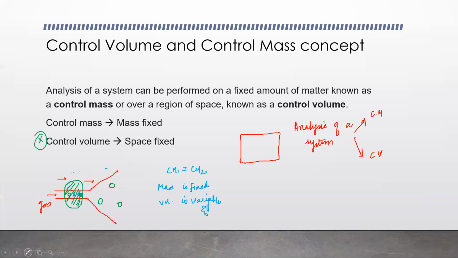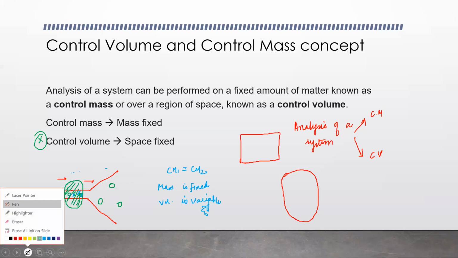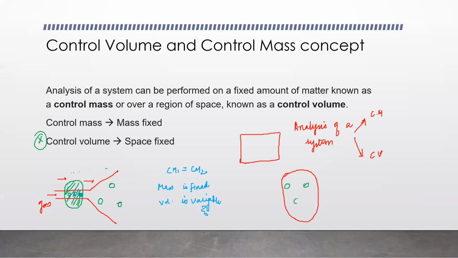So in a control volume approach, we take a particular space in the universe, and we only track that space. If molecules are coming in, say in the beginning these are the molecules that have come in.